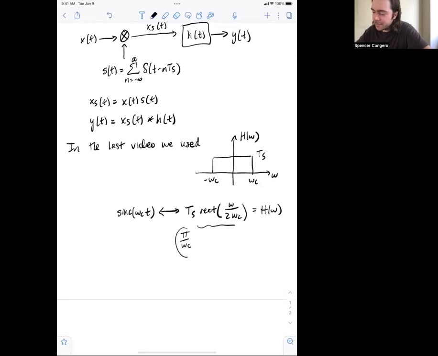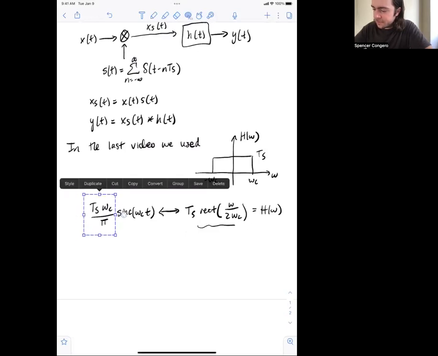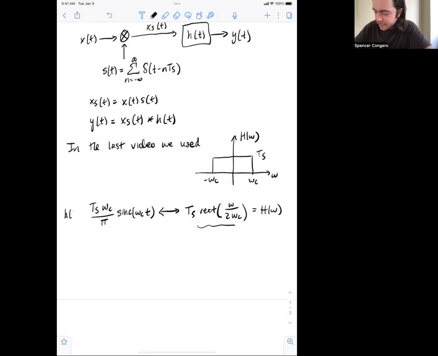So what should I multiply this by to get T sub s? Well, I should multiply it by T sub s times omega sub c over pi. If I multiply that by the sinc function, then that will multiply this constant I get from the Fourier transform of sinc, and that would give me the constant I want, T sub s. Okay, so that is the inverse Fourier transform of that function, and of course, this is my impulse response, h of t.